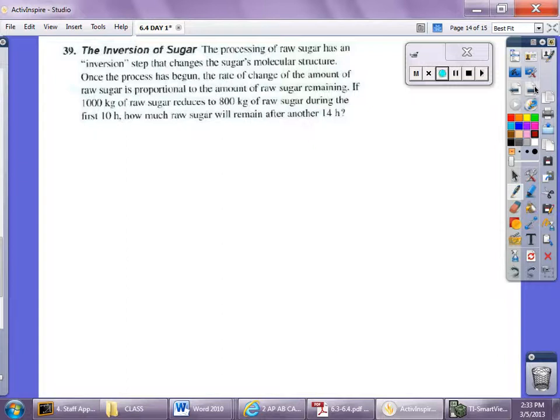The process of raw sugar has an inversion step that changes the sugar's molecular structure. Once the process has begun, the rate of change of the amount of sugar, let's say S, is proportional to the amount of raw sugar remaining.